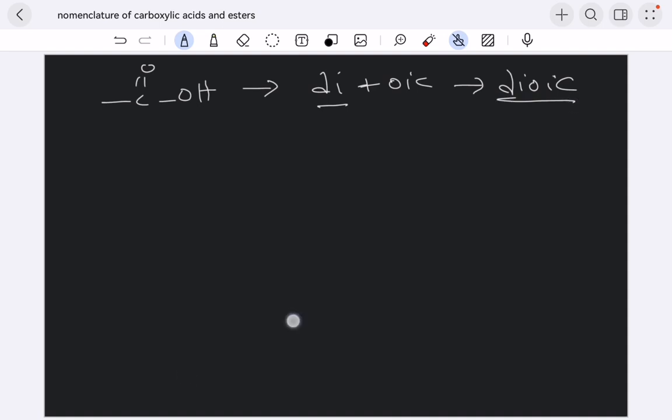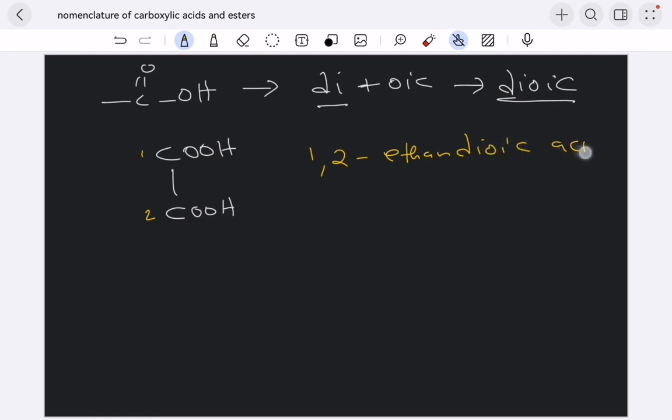For example, we can have something like this. In this case, we count the number of carbons as 1, 2, then this can be called ethane dioic acid, which in other books is written as ethane-1,2-dioic acid.